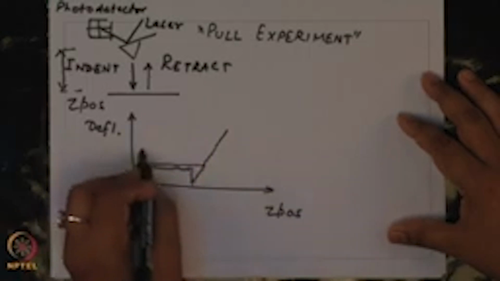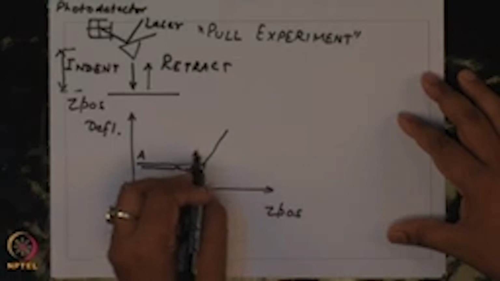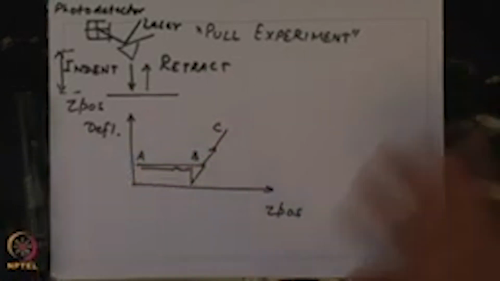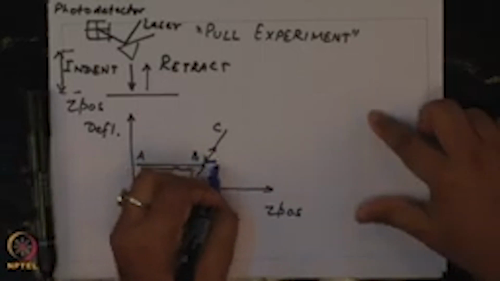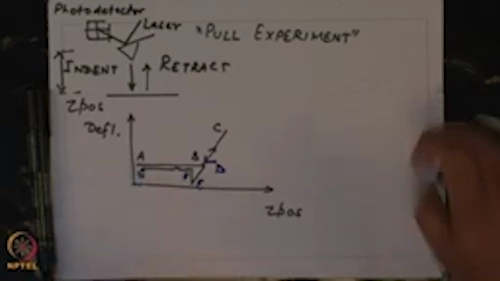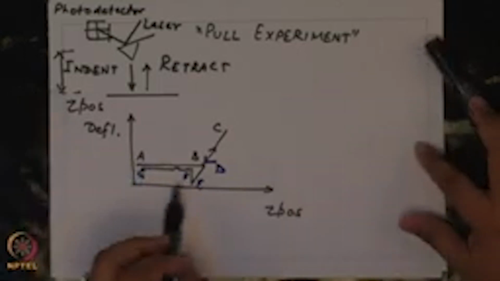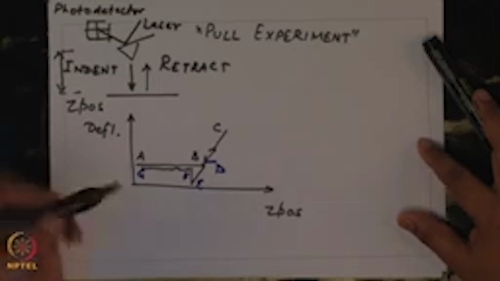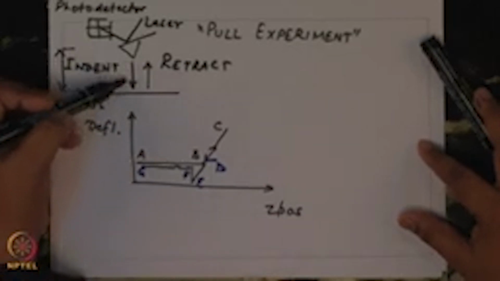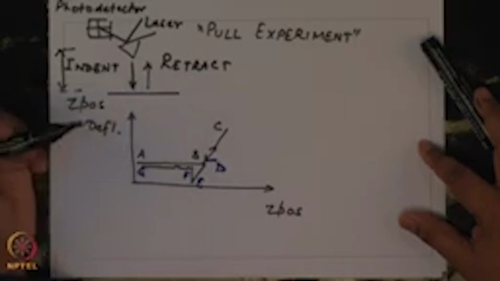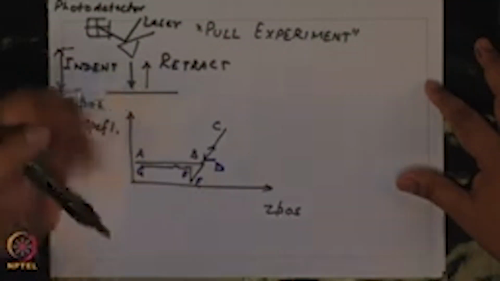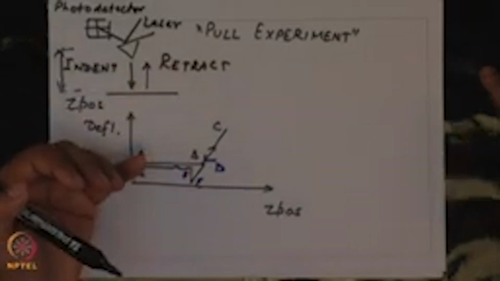Your curve will look something like this. At point A, point B, then C, then D. A to B and F to G are sections where the tip is travelling through the intervening space. It is not in contact with the substrate. Between points B to C, the tip is indenting or deforming the sample.